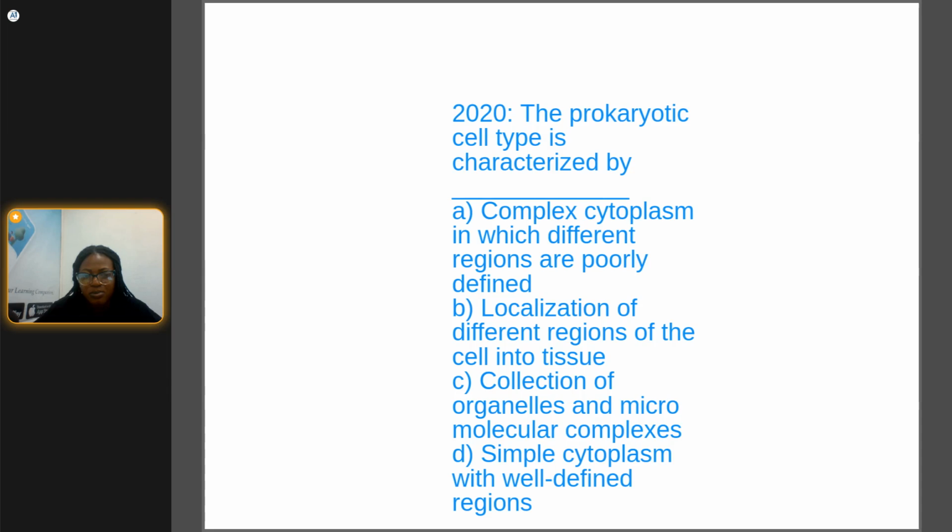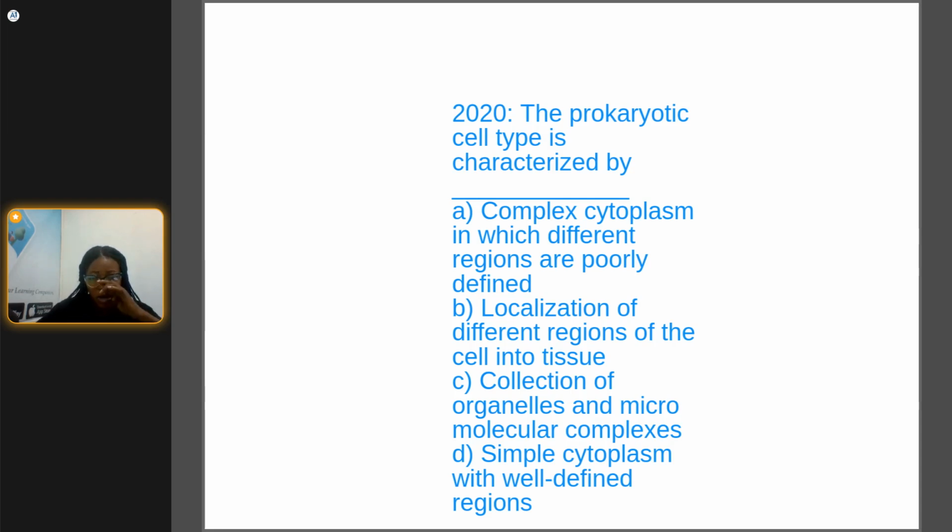A. Complex cytoplasm in which different regions are poorly defined. B. Localization of different regions of the cell into tissue. C. Collection of organelles and macromolecular complexes. And D. Simple cytoplasm with well-defined regions.